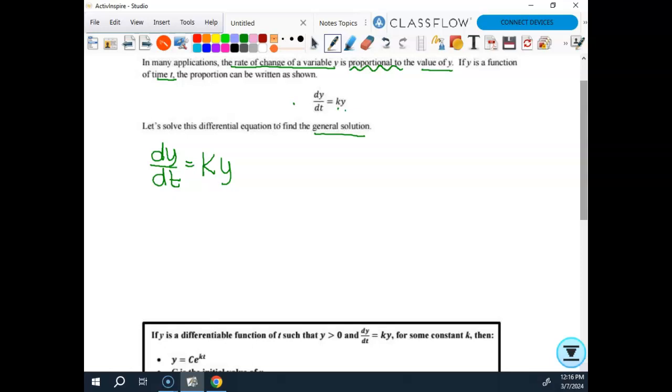Okay, good. So now integrate both sides. Yes, you're on the right track there. You need to integrate.